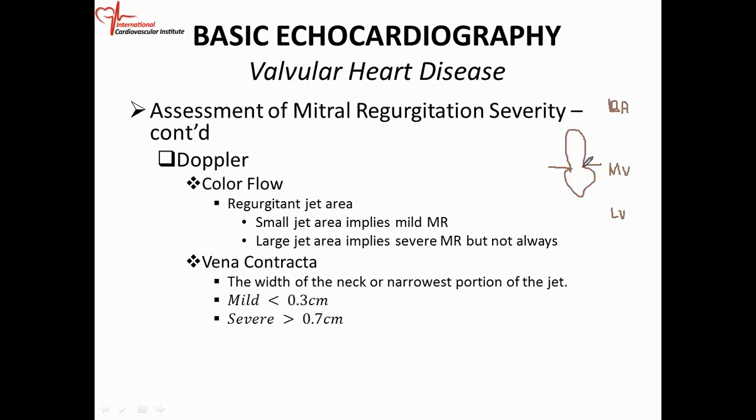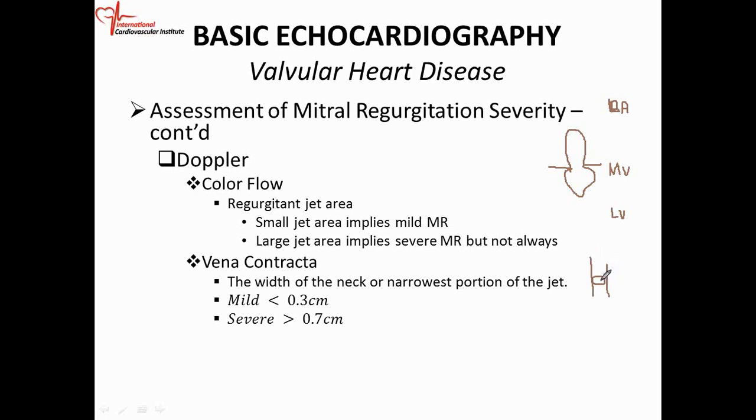If you just concentrate on this little portion right here in the mitral valve, the regurgitation is occurring across a certain area. The regurgitant jet, the jet going backwards into the left atrium, is going to occur across an area, and you can calculate this area.